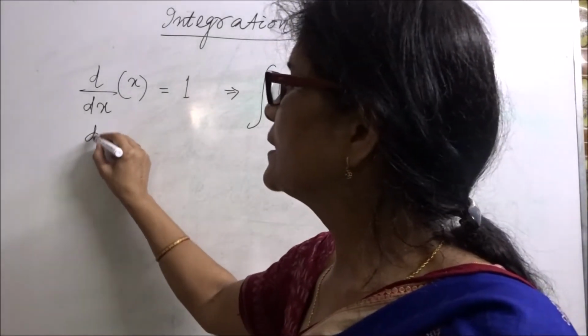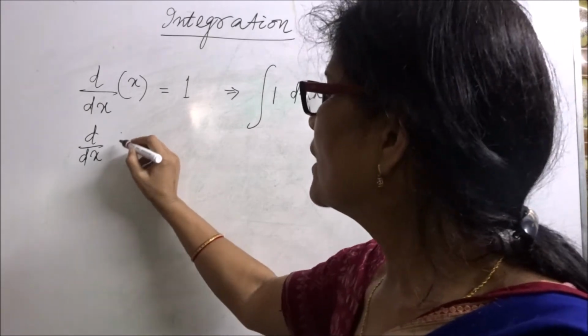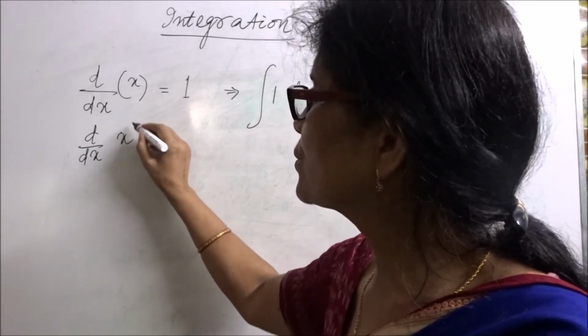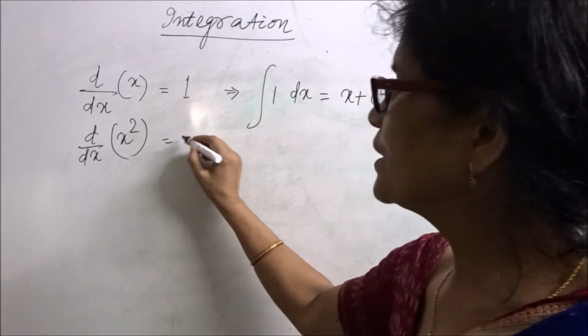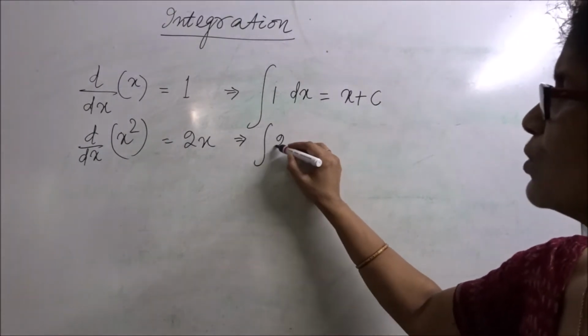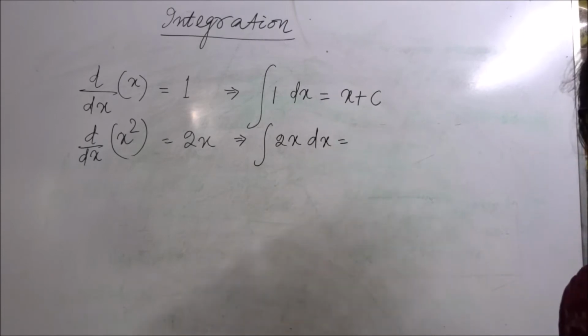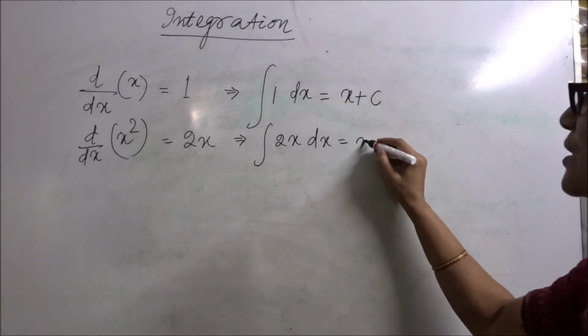Similarly, d by dx of x square will be 2x. This implies that integration of 2x dx with respect to x is equal to x square.